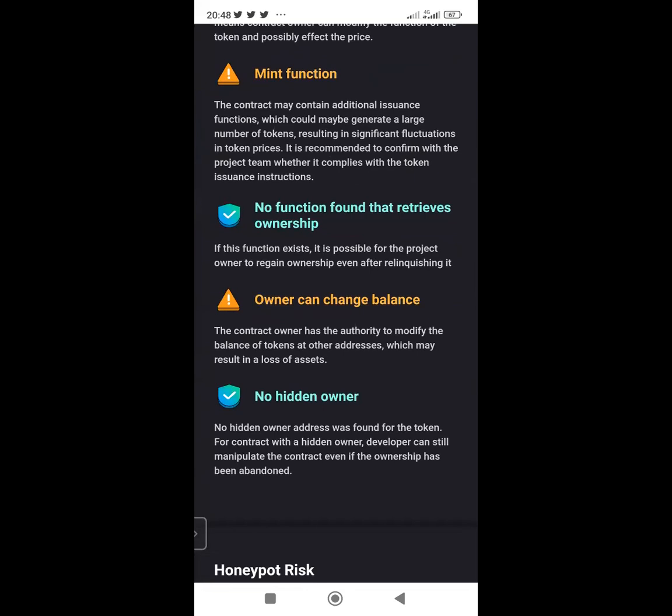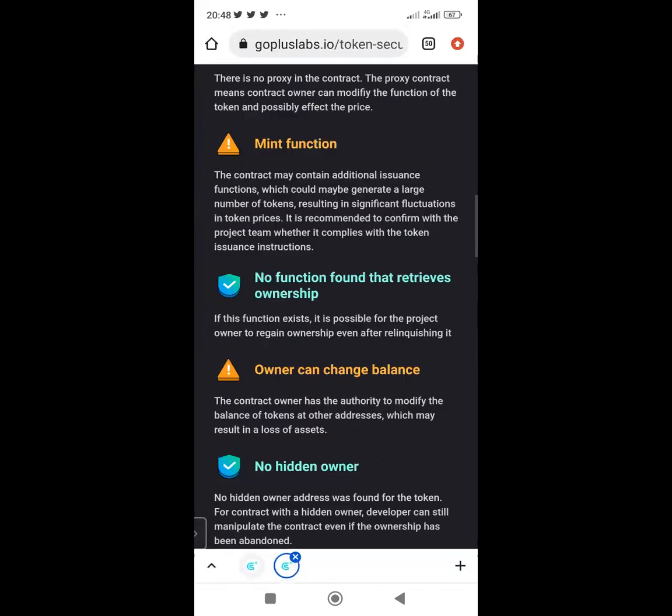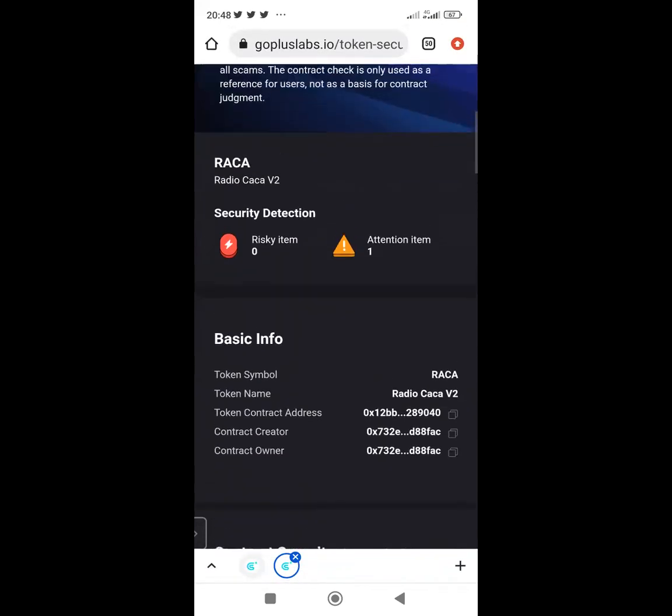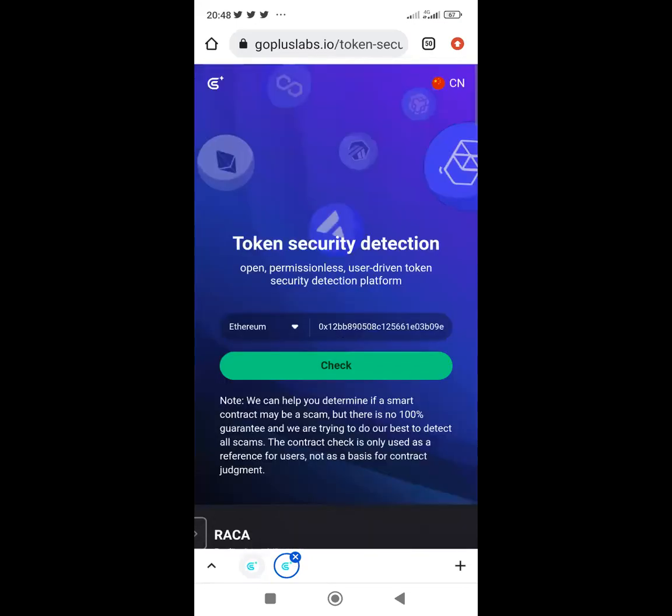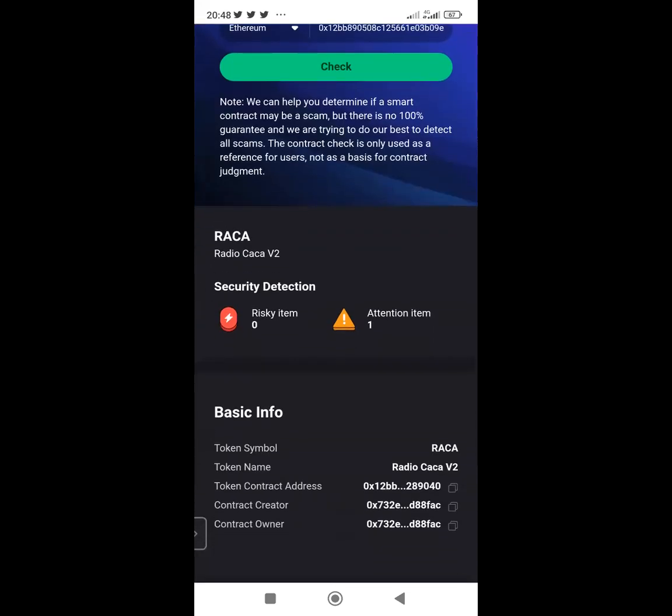You can see the contract owner has the authority to modify the balance of tokens at other addresses, which may result in loss of assets. So any particular coin you want to buy, make sure you check what the developers are doing.